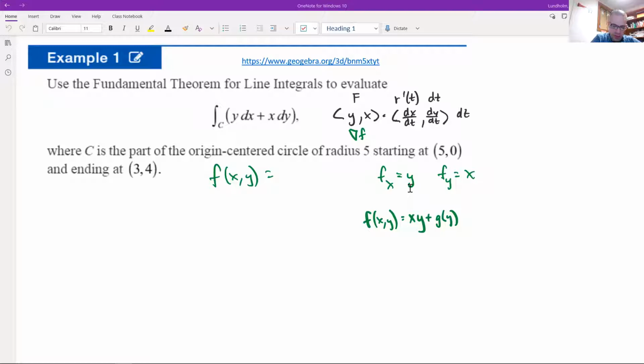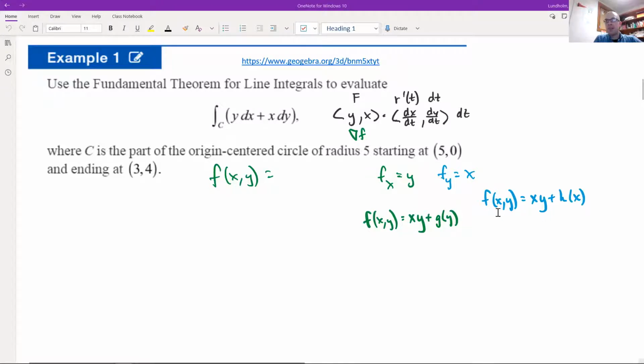For this one, let me change the color here. We would be thinking, okay, f of xy could be taking the antiderivative with respect to y. Again, it's going to be xy plus some unknown function of x.